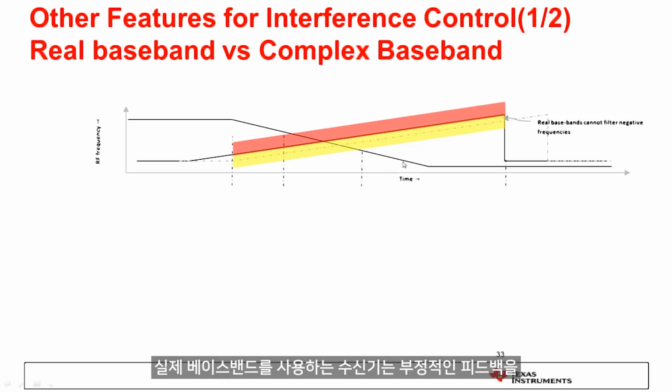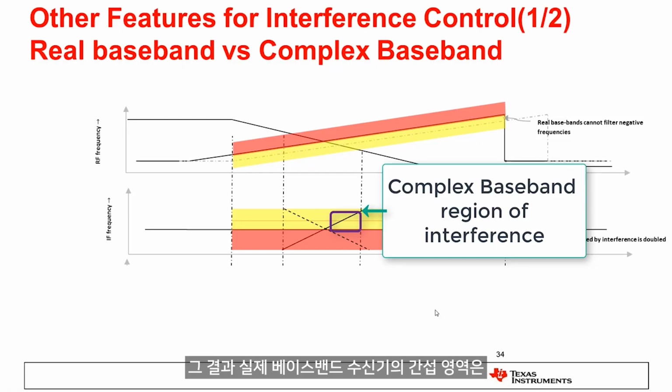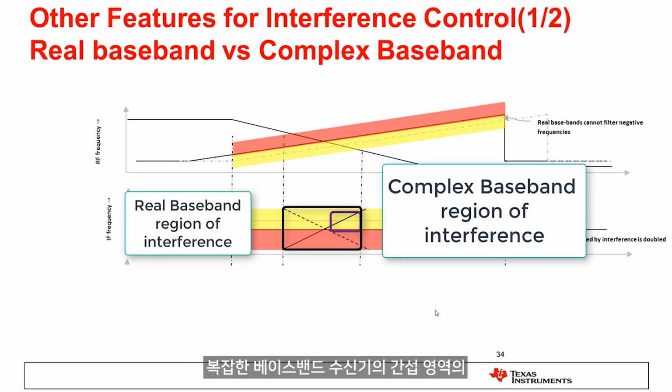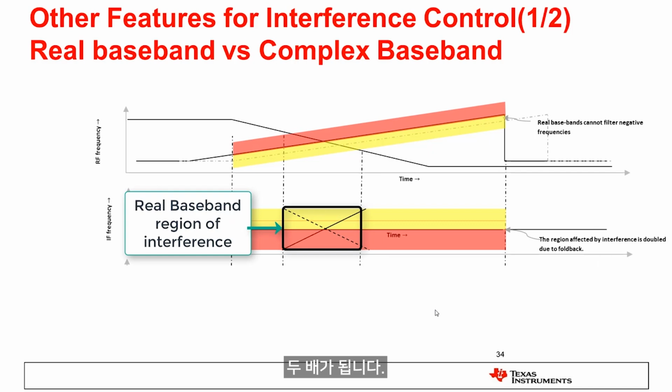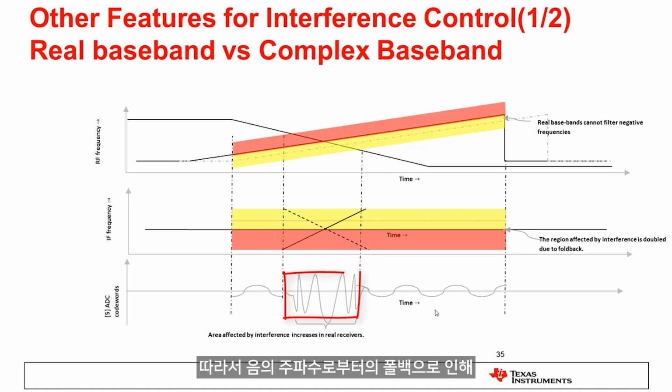Receivers that use real basebands cannot filter negative frequency. This has the consequence that the region of interference in a real baseband receiver is double that of the region of interference in a complex baseband receiver. As such, the region affected by interference is doubled due to the fallback from negative frequencies.